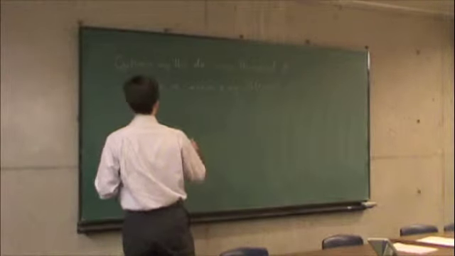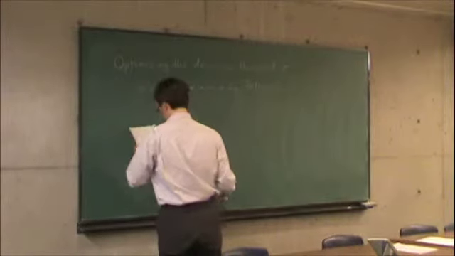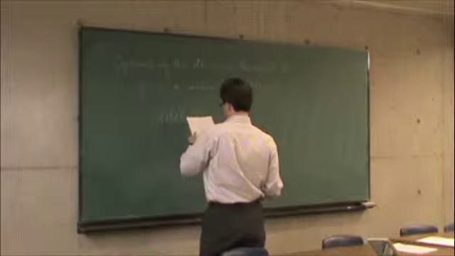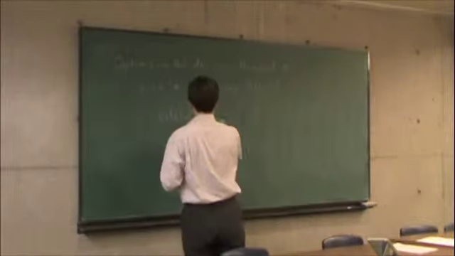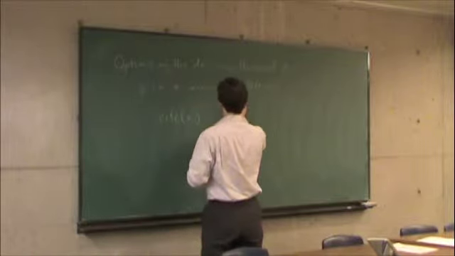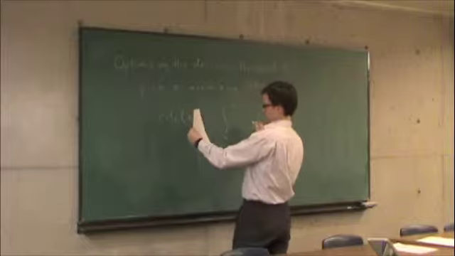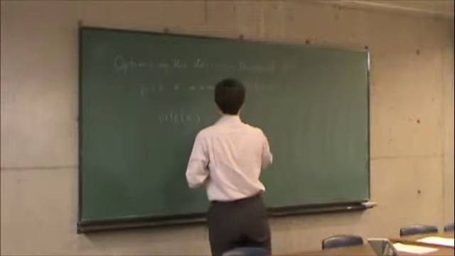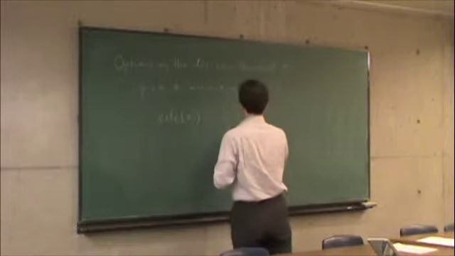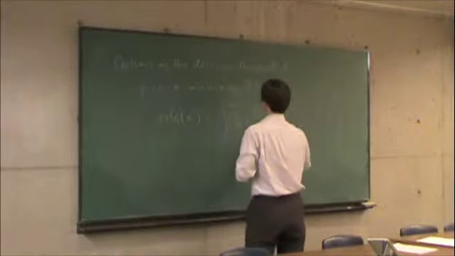was the following. We argued that erfc of x, what erfc is defined as, is the integral from x to infinity of 2 over root pi e to the minus t squared dt.